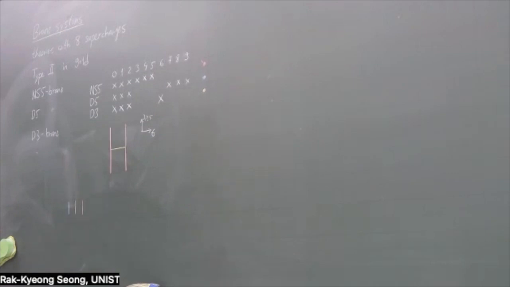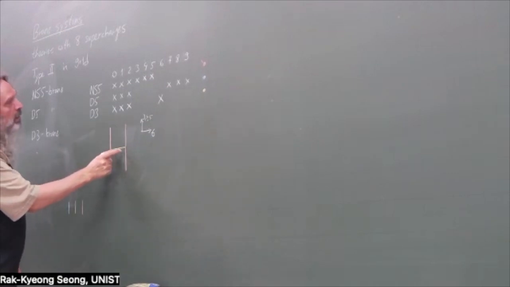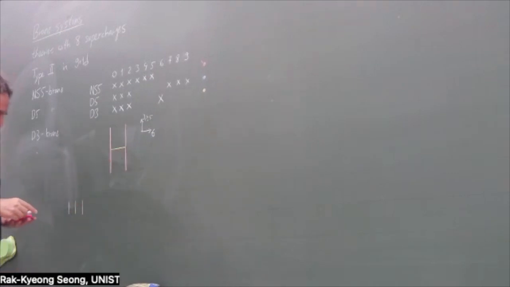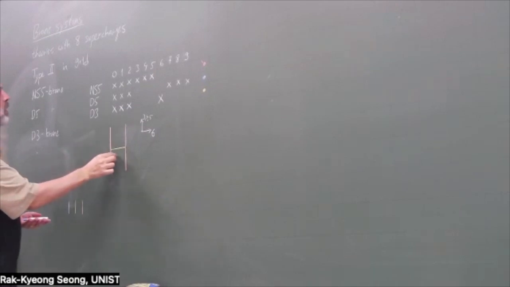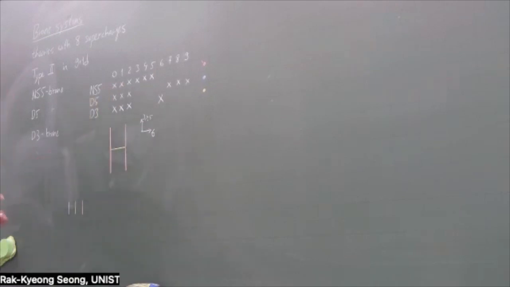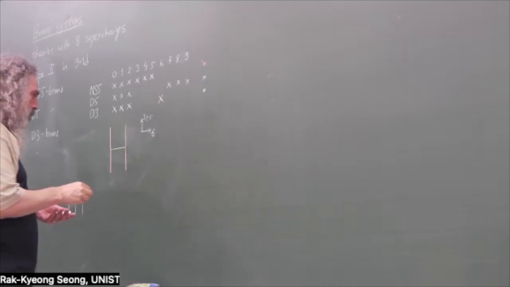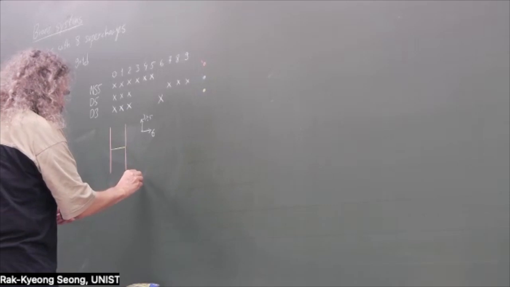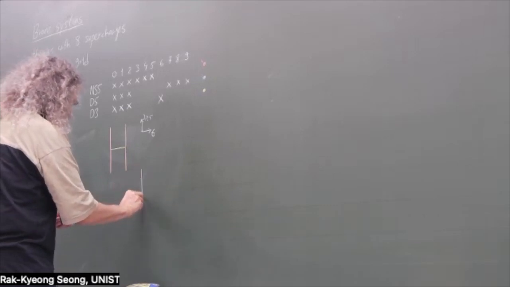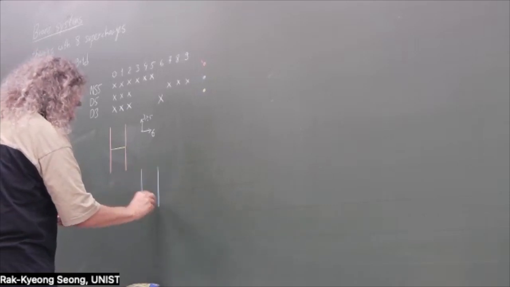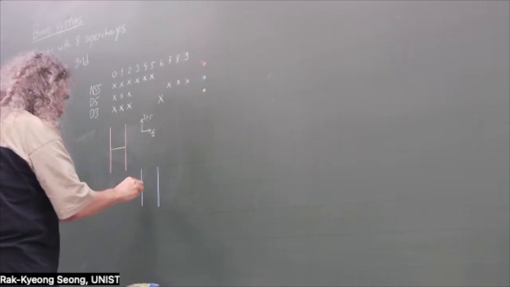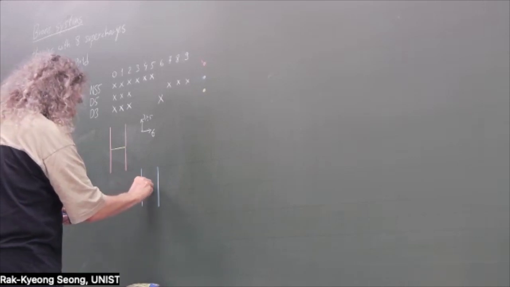So this is a typical configuration, and this is a D3 brane which is stretched between NS5 branes. It can end on them. The other configuration will be this one. It could also end on D5.